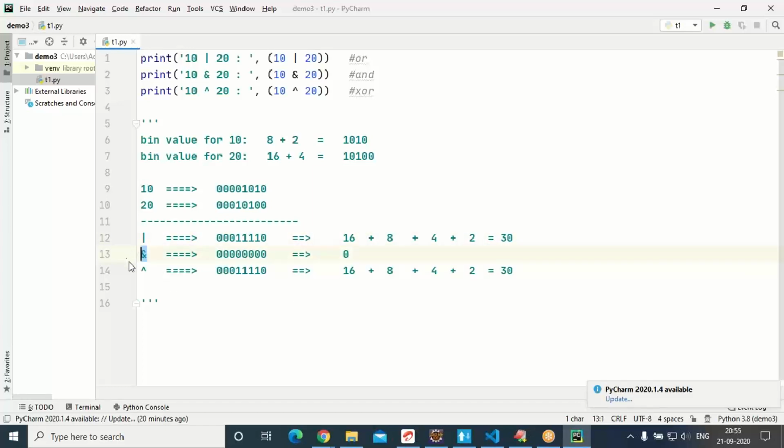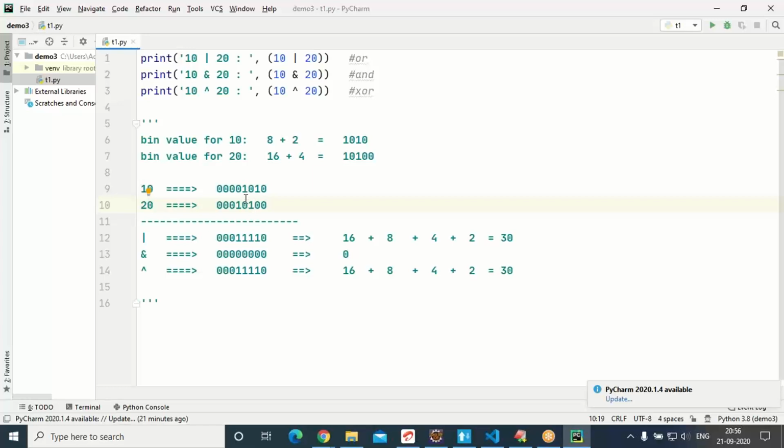If you go for the AND operator, the first column 0 and 0 is a 0. Second column 0 and 0 is a 0. Third column 0 and 0, again 0. Fourth column 0 and 1, again 0. 1 and 0, 0. 0 and 1 is a 0.